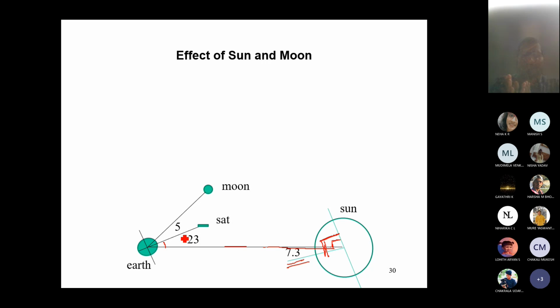So your Earth is tilted at an angle of 23°. Okay, and look at the moon here. This particular straight line represents the orbital plane of the moon. Got my point?